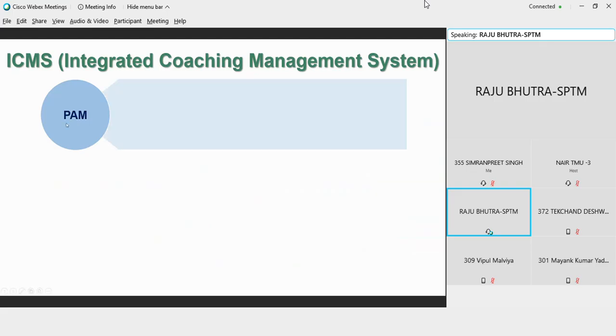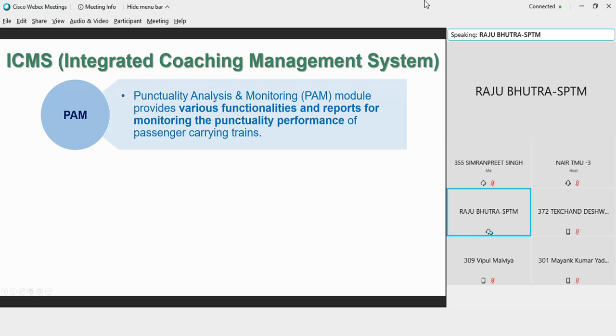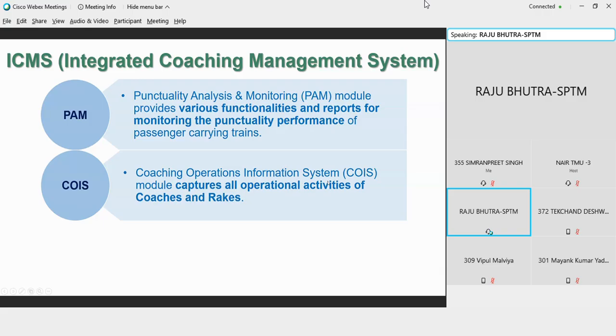So, this is one of the modules. PAM is the punctuality analysis and monitoring module, which provides various functionalities and reports for monitoring the punctuality performance of passenger trains. There is another module which is called COIS, Coaching Operation Information System module.